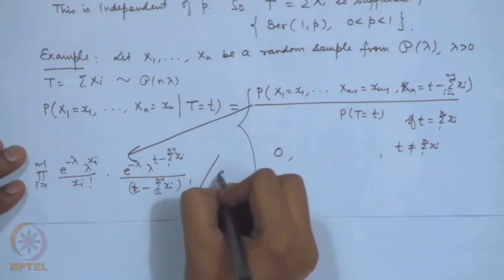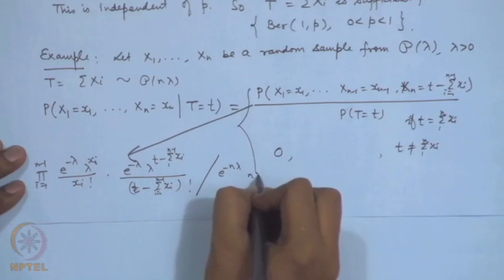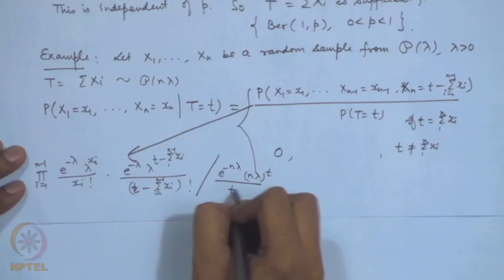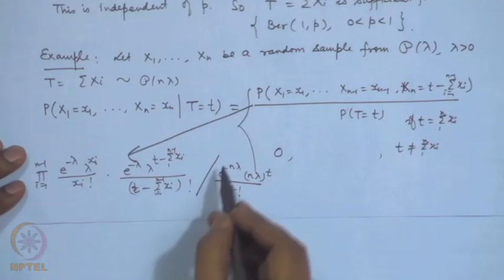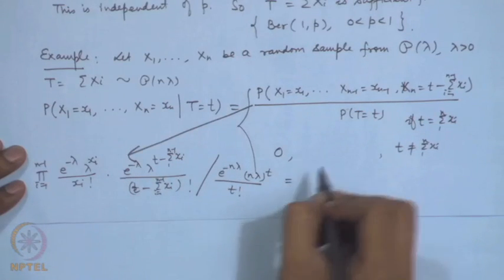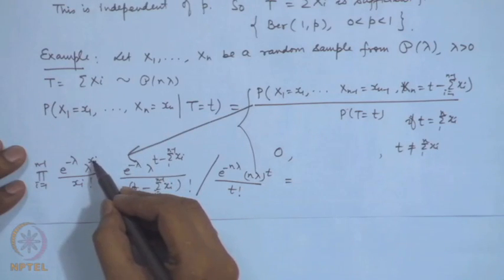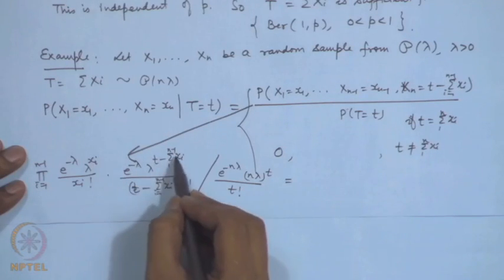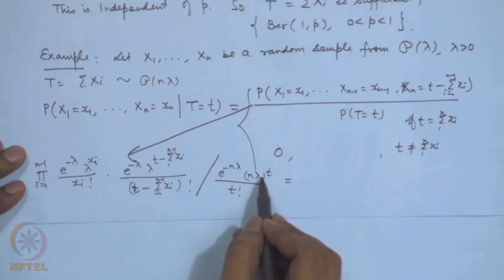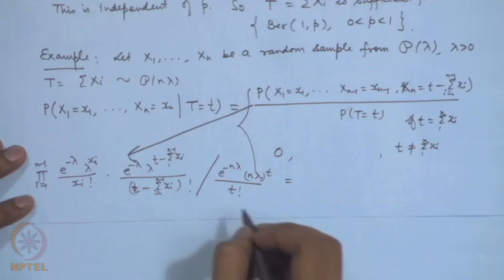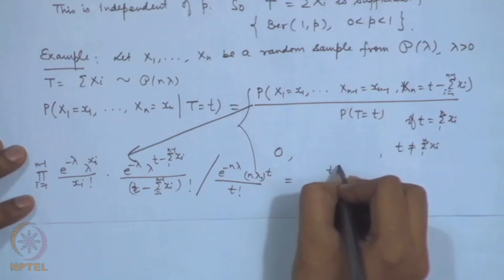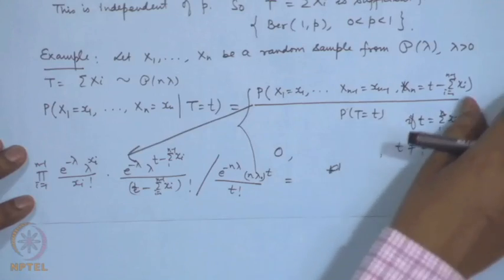So, we can write e to the power minus n lambda, lambda to the power t by t factorial. So, this e to the power minus n lambda cancels out, and if you look at lambda to the power x1 plus x2 plus ... x(n-1), that cancels here, you get lambda to the power t, and in the denominator also we have lambda to the power t here. So, what we get here? This t factorial will go in the numerator. So, let me write it here.